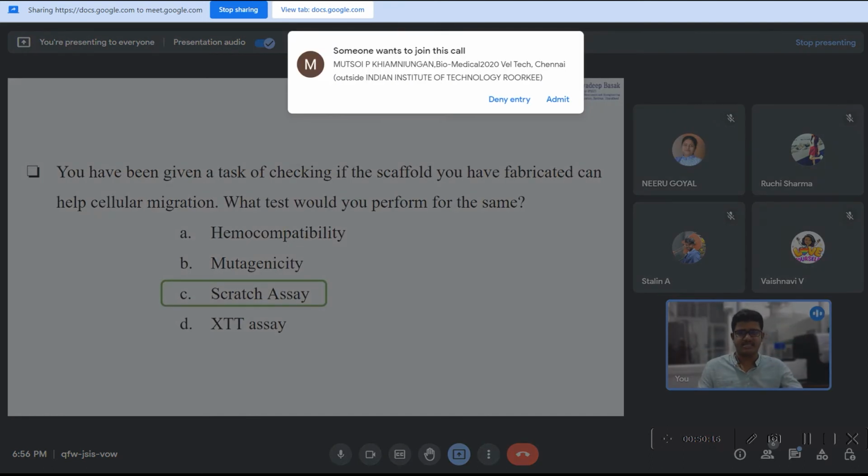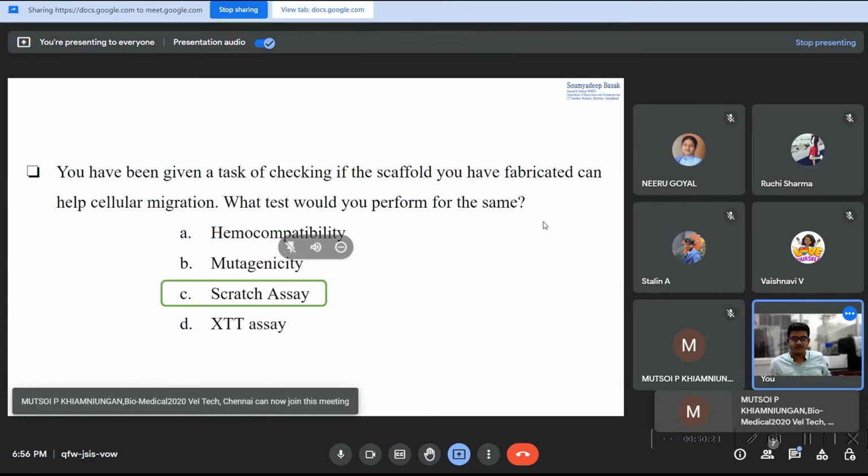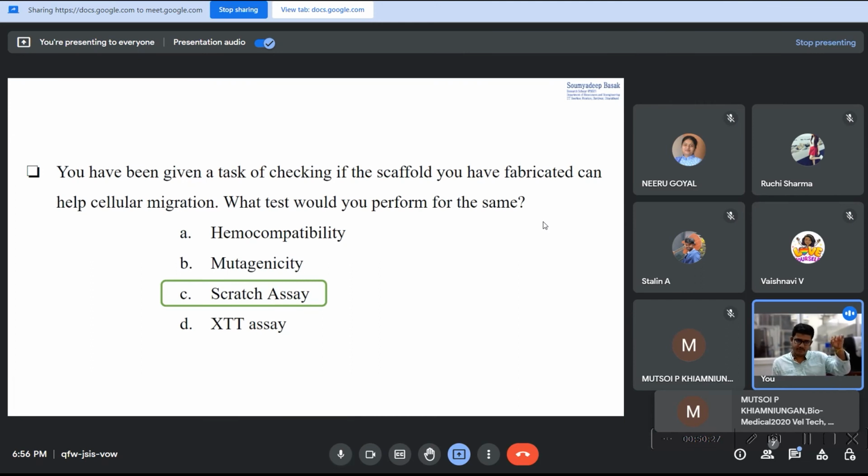DMSO can dissolve that formazan crystal. But with the XTT assay, we can find the data from the media only, so we do not have to disrupt the cells. We can check at a time point how the cells are dividing and what kind of properties the cells show using XTT. But these assays are not directly used for cell migration studies.